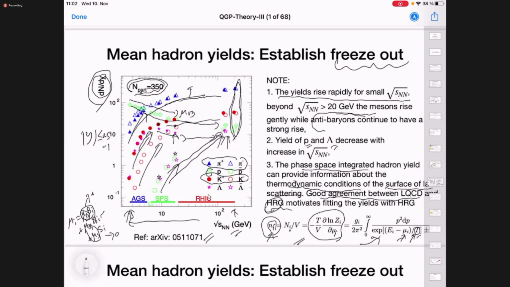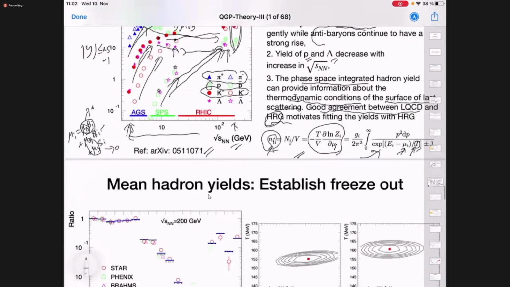If you come up with a nice description with a relatively small chi-square over NDF, say, then you say that, okay, this model seems to describe this fairly well, and if our assumption of a thermodynamic and chemical equilibrium state is right, then that state must be at this temperature and this chemical potential, which manages to capture all these yields simultaneously.